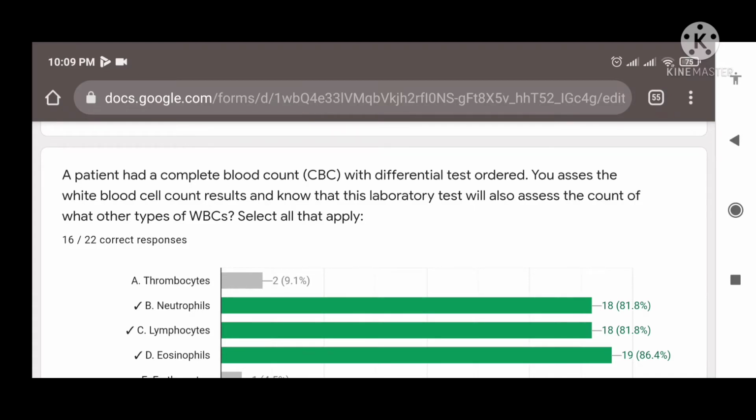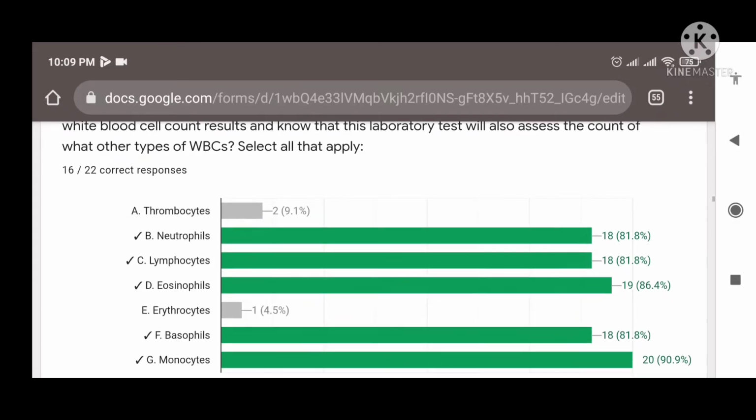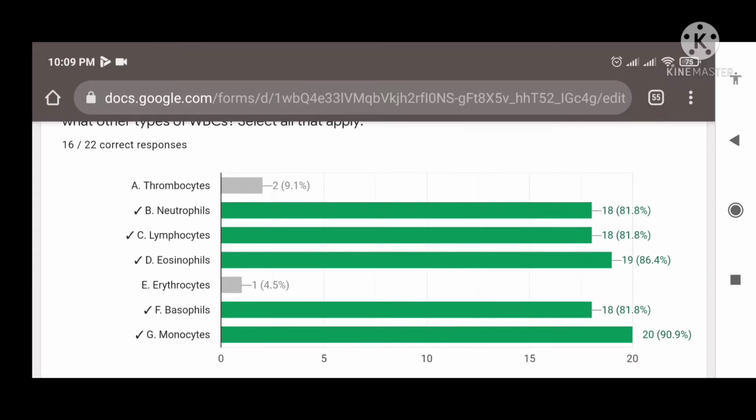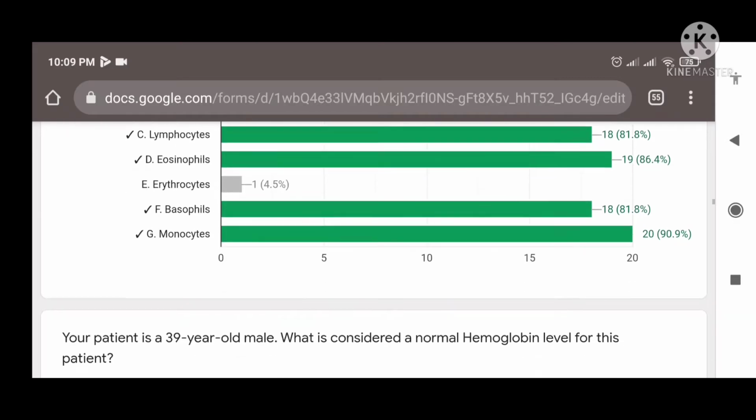In this question, the examiner only wants to ask about the WBC differential. These are the cells in the WBC differential: neutrophils, lymphocytes, eosinophils, basophils and monocytes.